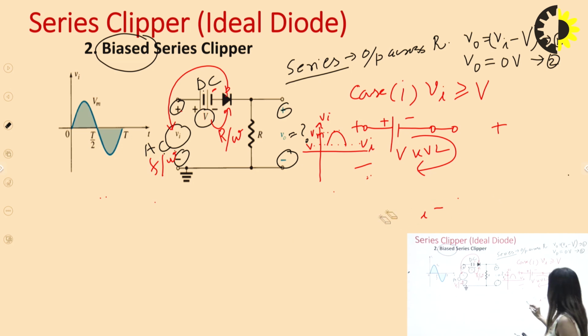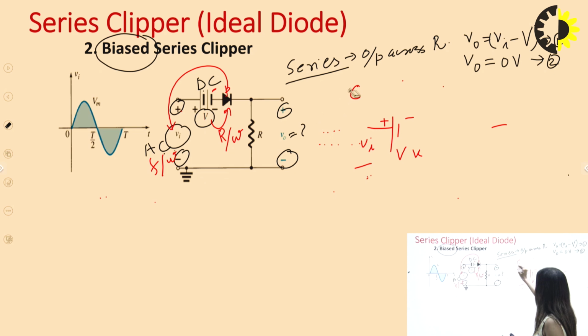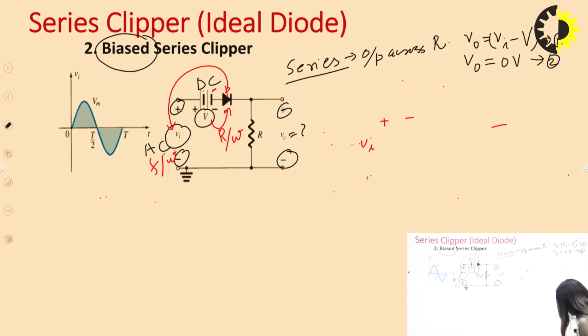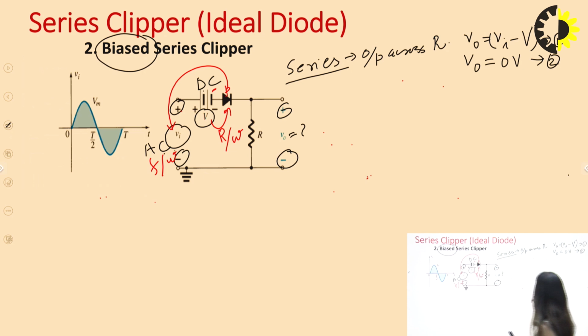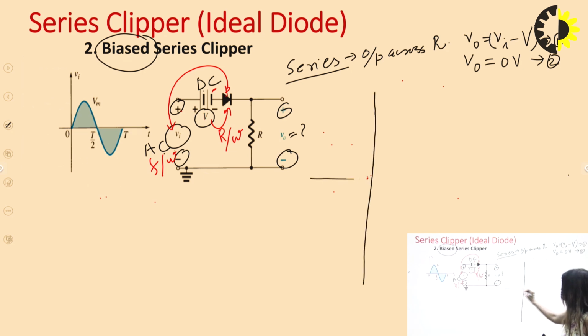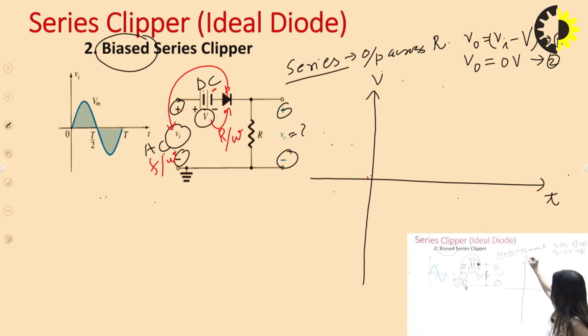Quickly, so here I am making the output waveform, T with respect to VO.